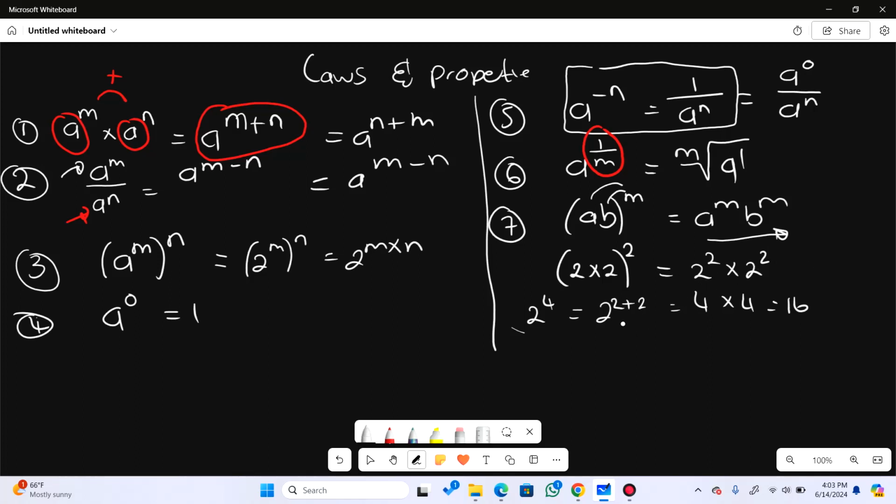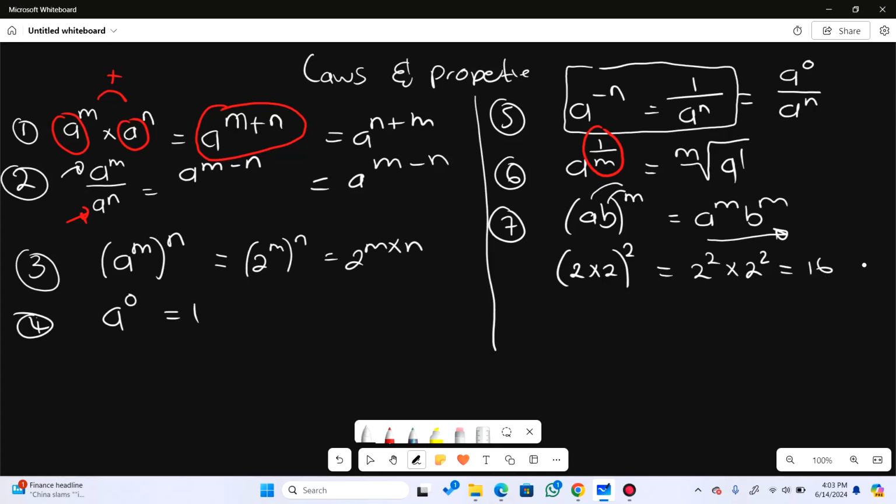So this thing here, you see how I play around with the properties. Make sure that you are able to play around with the properties on your own, so that you better understand and be more confident when you're writing your exams when it comes to exponents.